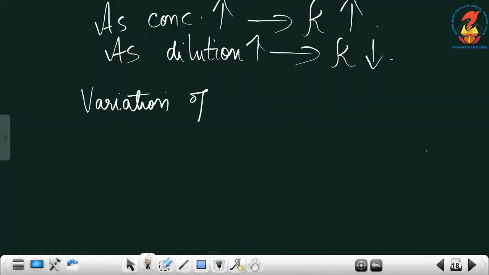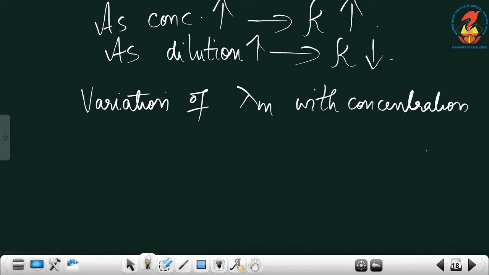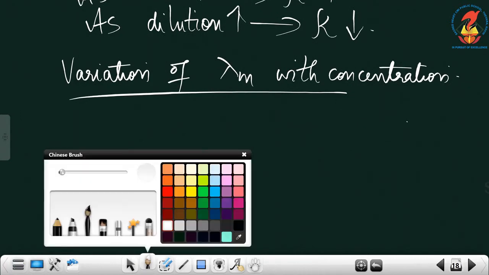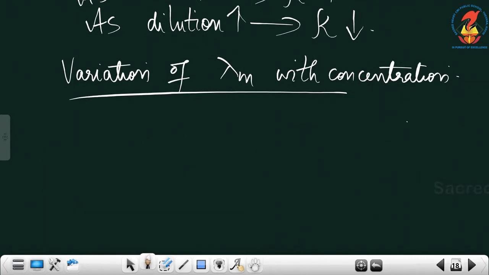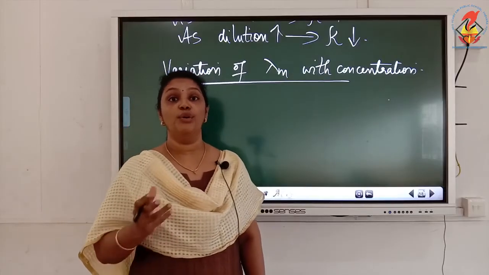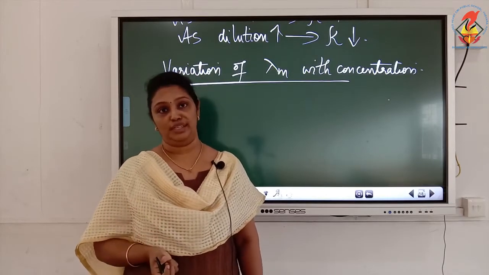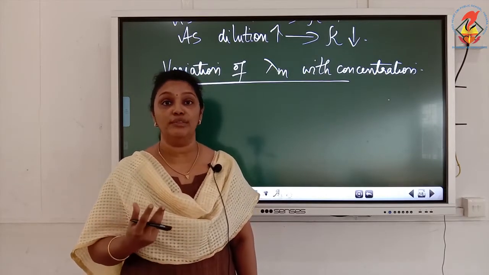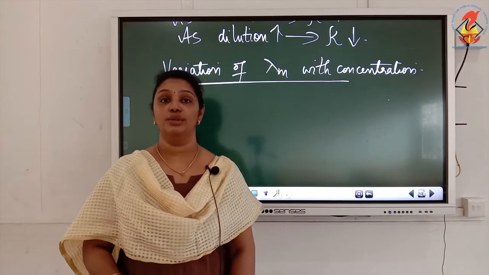Variation of molar conductivity with concentration. Now, molar conductivity is the conductance of volume V of the solution. So here we have to consider the total volume V of the solution.